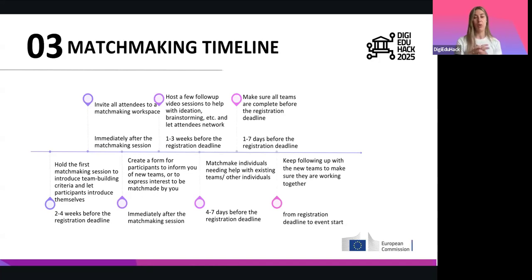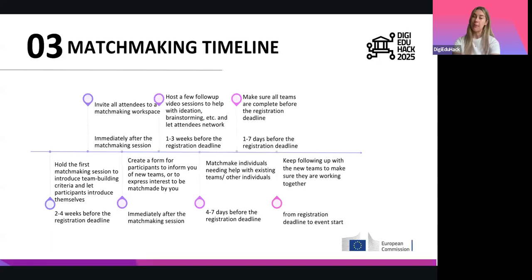So you can create a so-called matchmaking form where the teams can either fill in that they have now found a team, this is our team, these are our team members, so that you as an organizer know that these individuals are now taken care of, so to say. Or then participants can fill in that, hey, I'm alone, these are my skills, these are my interests, I would love to be matchmade by you. So then you can start to fill your own list of individuals and propose new teams that way.